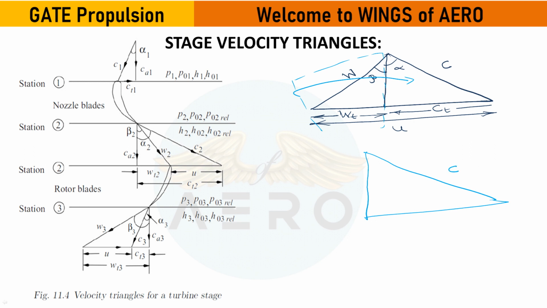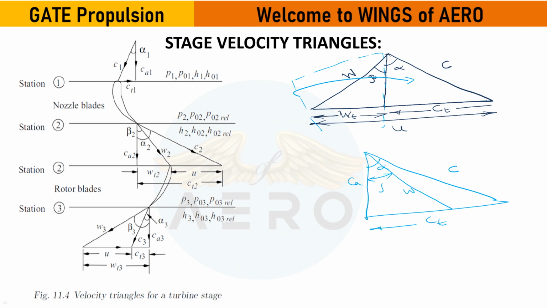This is C, this is alpha, this is CT. Now when you overlap this, there will be another CA, which is common. This angle will become beta. If you overlap this, then this line will become your W.